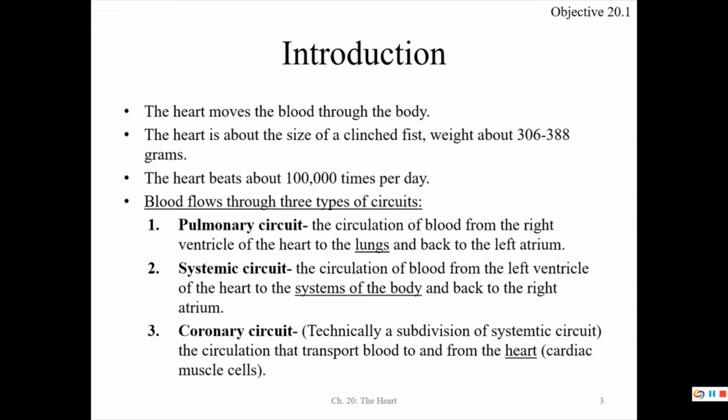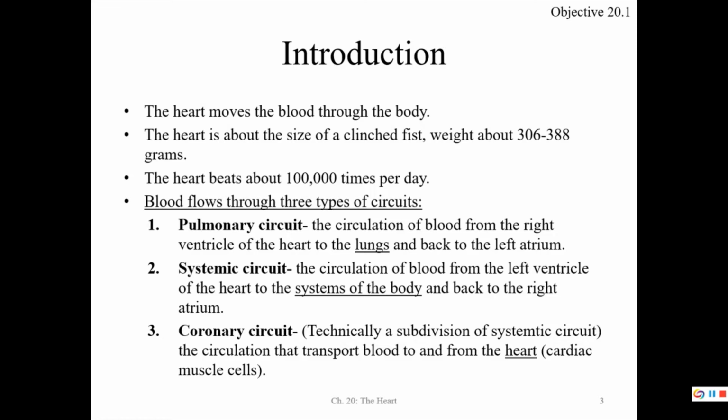The 2 main ones are pulmonary and systemic, and coronary is a subdivision of systemic. Each tells you what it brings blood to and away from. Pulmonary is blood to and away from the lungs, the systemic circuit is to and away from the body systems, and the coronary circuit is to and away from the heart muscle cells itself.